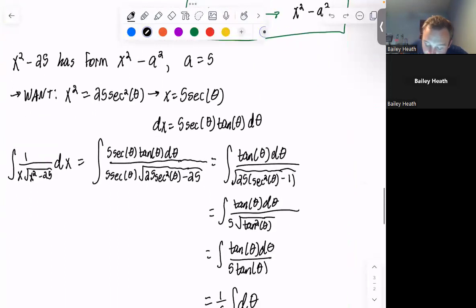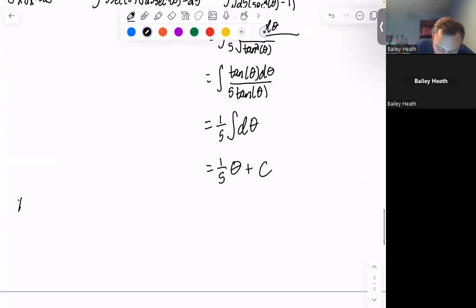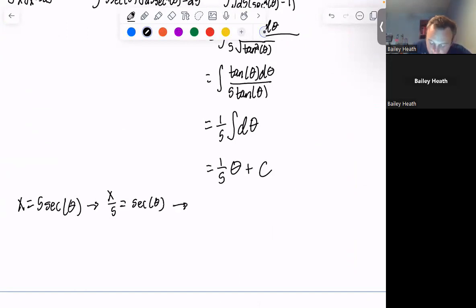Well, we know that x is equal to 5 secant of theta. That's how we defined it. And we can use this to solve for theta. If I divide both sides by 5, I get x over 5 equals secant theta. And now, if I take arc secant of both sides, the inverse secant function, then I get arc secant of x over 5 equals theta.